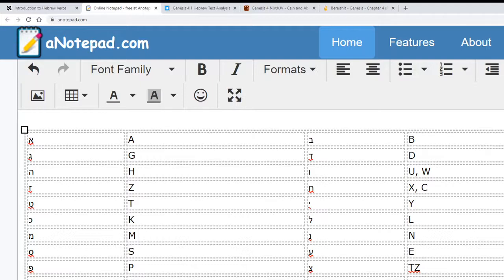So it's the tav at the end, but Sabbath, you'll notice, with the th. Yud, Y is usually good for that, or I guess you could use I, although that seems confusing to me. With the chaf, you can use the K or the KH. Lamed is easy, with the L. Mem is easy with the M. Nun is easy with the N.